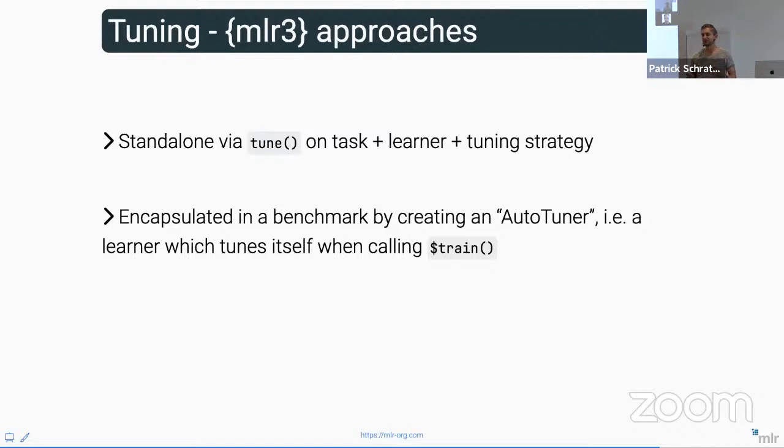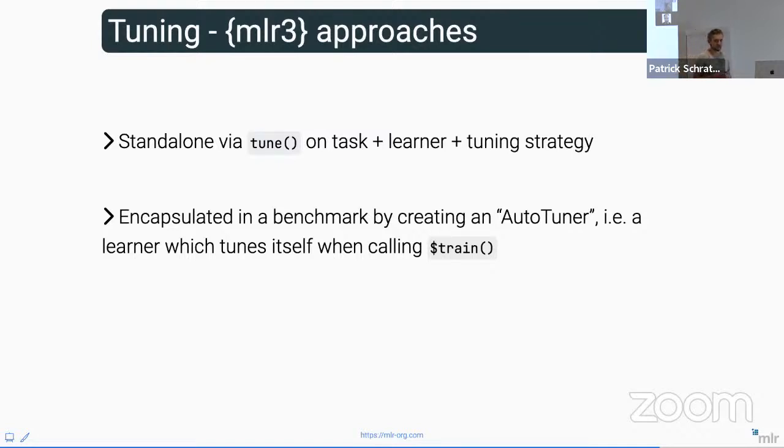But the difference is that a normal learner just doesn't know how to optimize itself. It has no parameter space, it has no tuning budget, whatever. Whereas an auto-tuner has all of this information. And once the auto-tuner kicks off, once you say, auto-tuner, go, train on this data, the auto-tuner optimizes itself on the data first, and then you have the result.